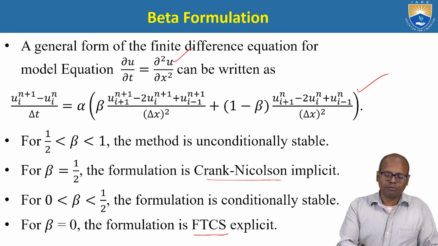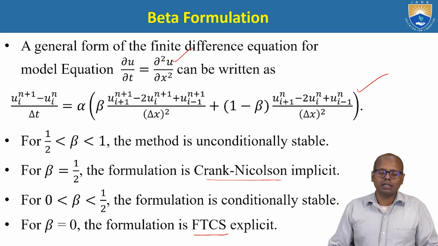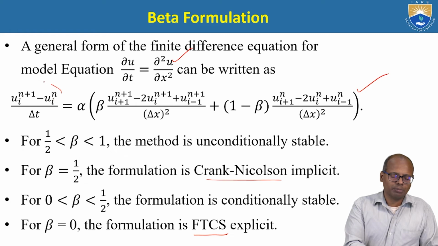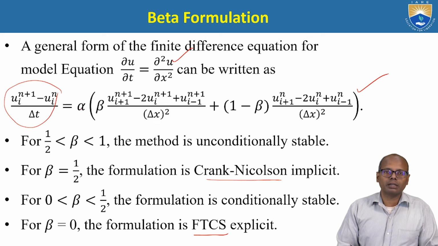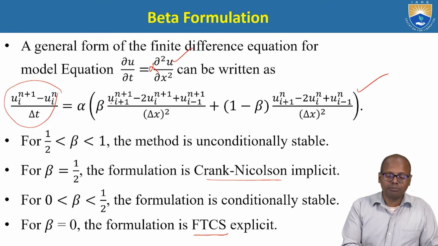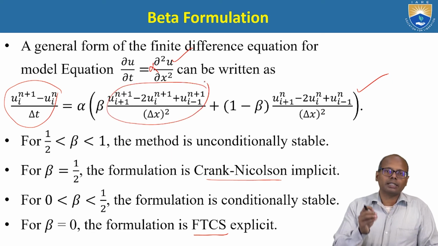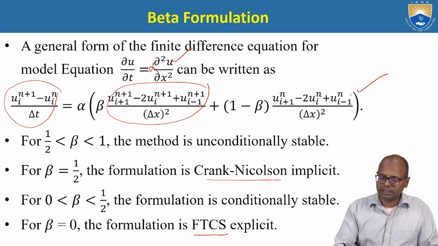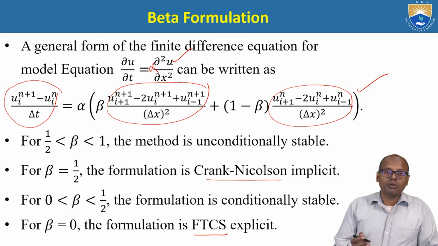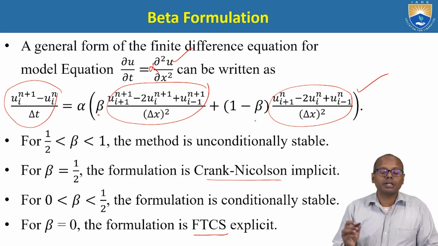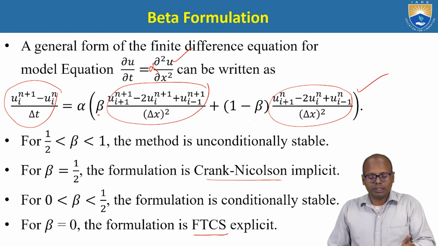For the model equation, I am applying the backward difference and putting an alpha here. This is the central difference at time level n plus 1, and this is the central difference at time level n. Now, this is beta and this is 1 minus beta.